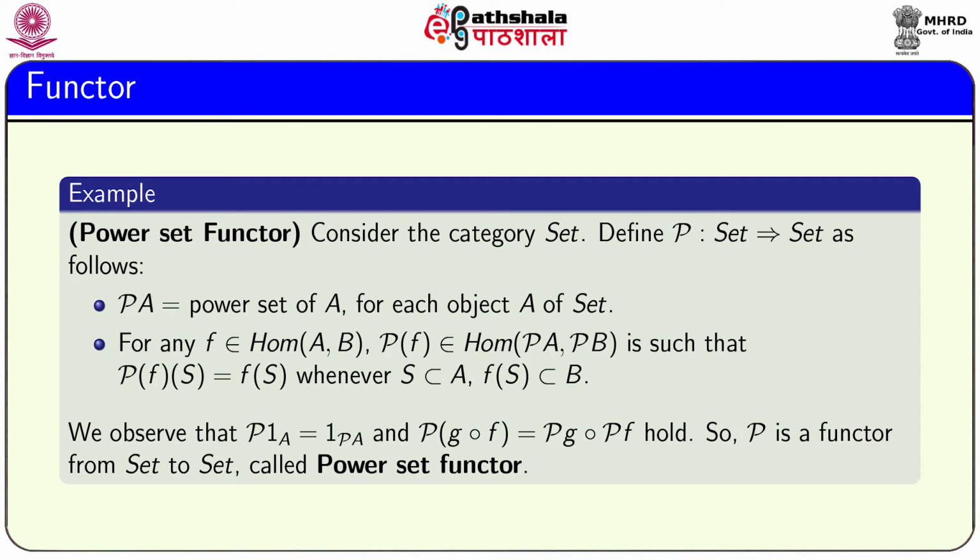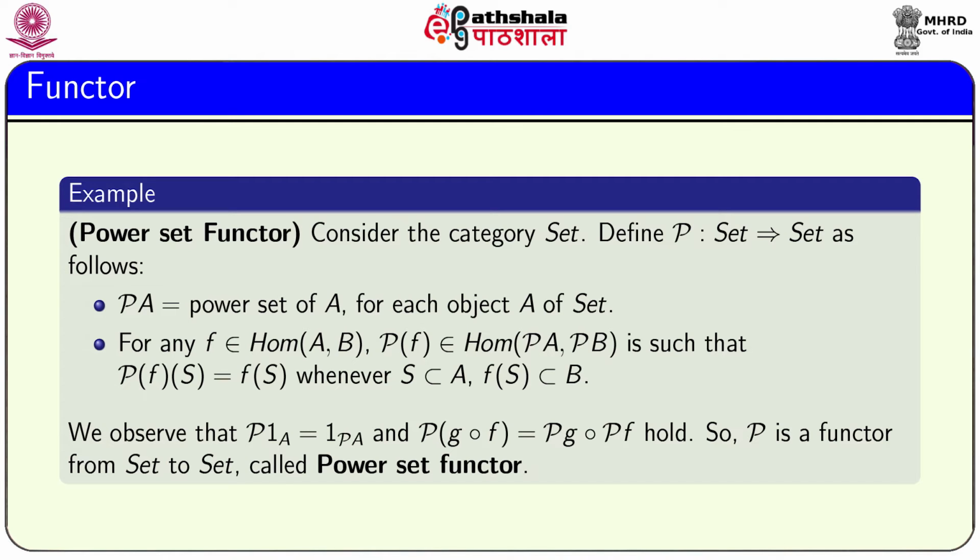For any f taken from Hom(A,B), P(f) will be in Hom(P(A),P(B)), which is given by P(f)(S) is equal to f(S) whenever S is a subset of A and f(S) is in B. We observe that P of 1_A is equal to 1 of P(A) and P of g composed f is equal to P(g) composed P(f).